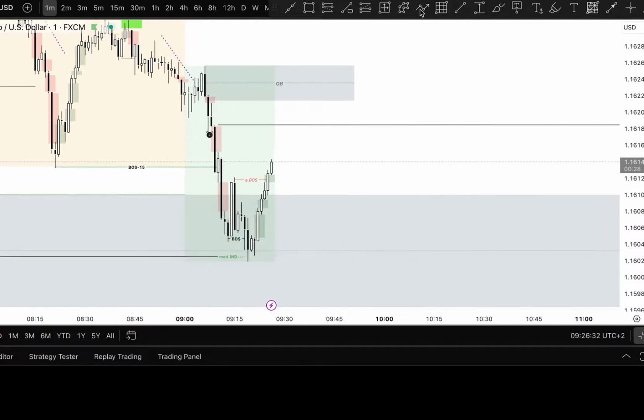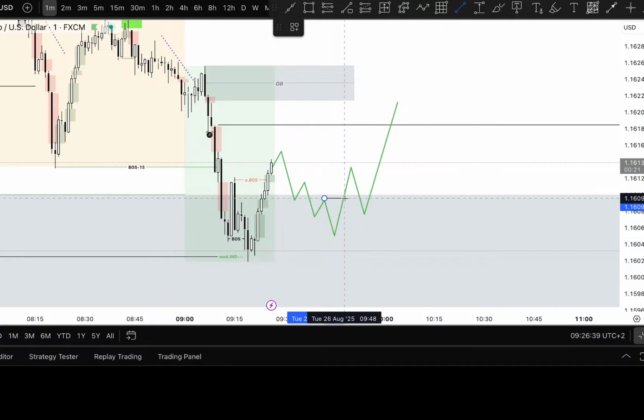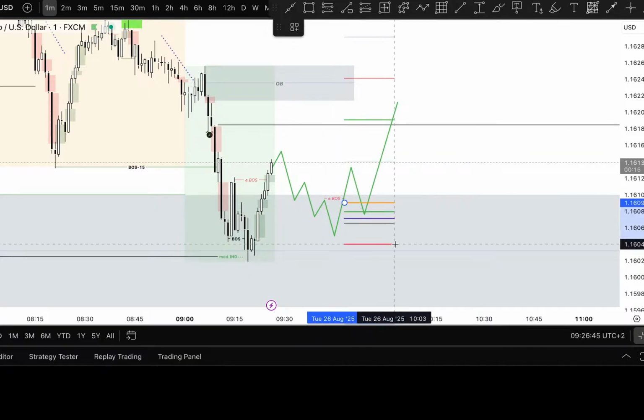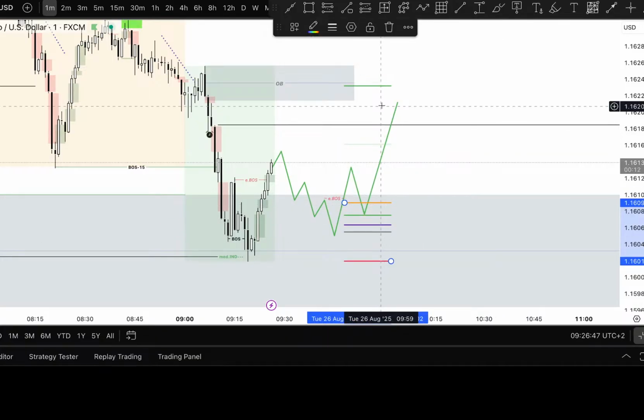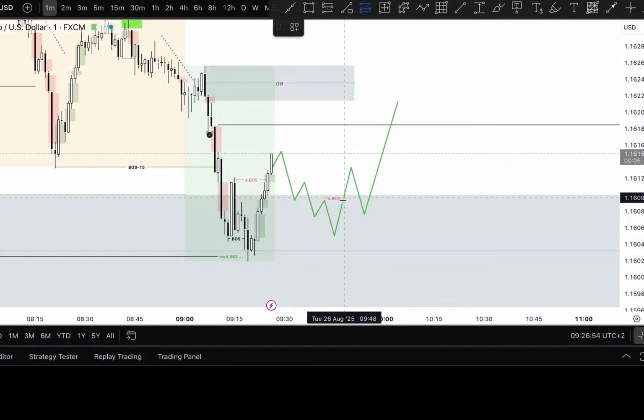So what we will do is, if the price comes down like this, and we have another breakout structure to the upside, then definitely this is where we will enter. This is our entry, this is our 1:2 target, this is our stop loss. That would be the scenario for better understanding.